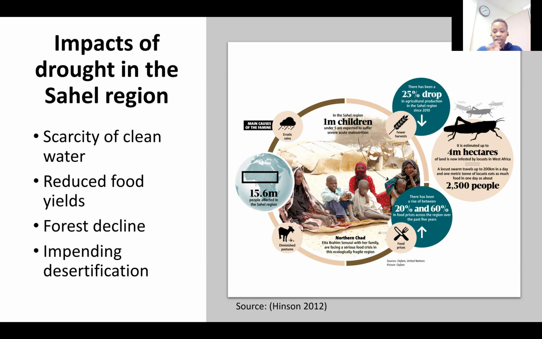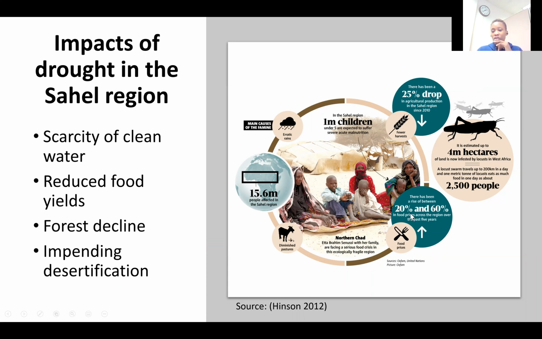So a study by Ilsen 2012 shows that drought has caused scarcity of clean water, reduced food yields, famine, hunger, forest decline, and it's most likely to cause desertification. And from this image, you can see that about 15.6 million people are affected by drought in the region.